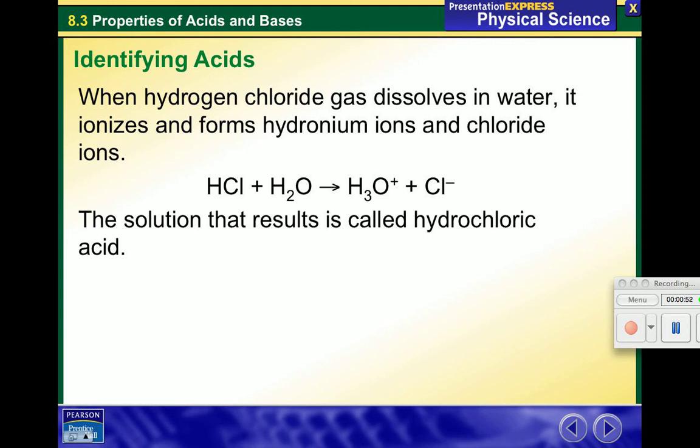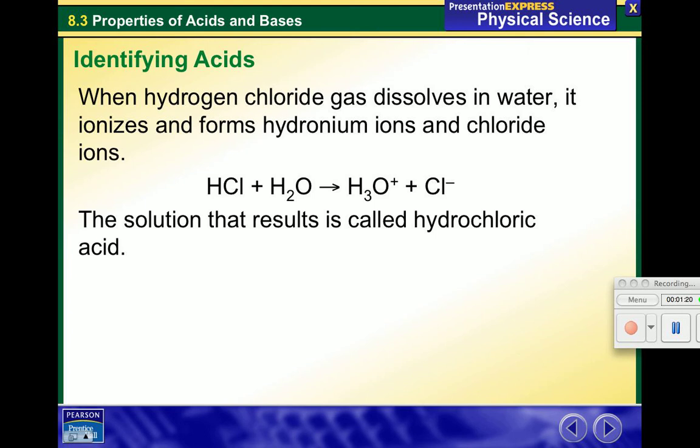When I add hydrogen chloride to water, what happens is that the hydrogen chloride dissociates. And what that means is the positive part separates from the negative part. And we know from naming compounds that the positive part's always written first and then the negative part. So the hydrogen separates from the chlorine. When that happens, this hydrogen becomes attached to the water, forming a hydronium ion.